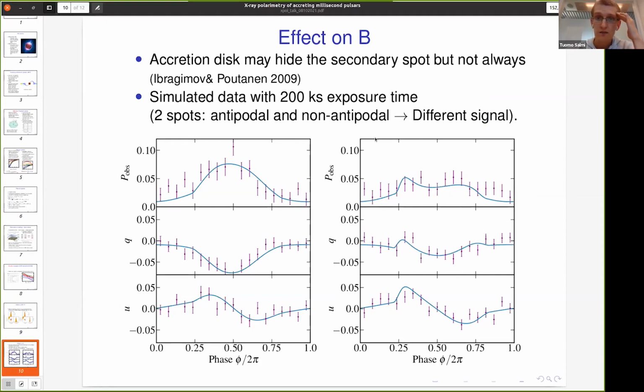So the last thing I would like to mention is the effects on the magnetic field configuration. As we know from the rotation powered millisecond pulsars, it looks like the antipodal symmetry is not very common. And what about accreting millisecond pulsars? Can we measure that from those? This can be measured using polarimetry.